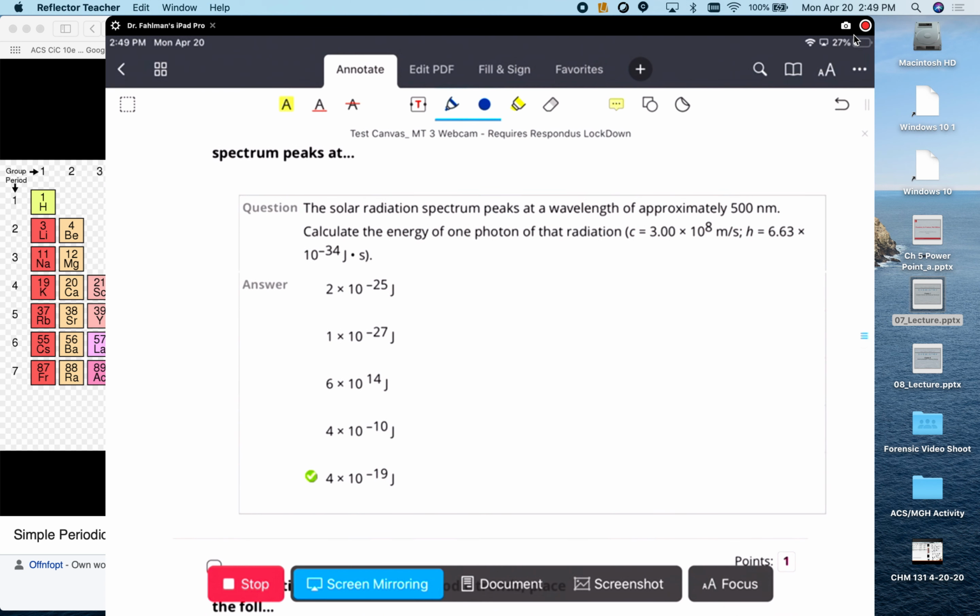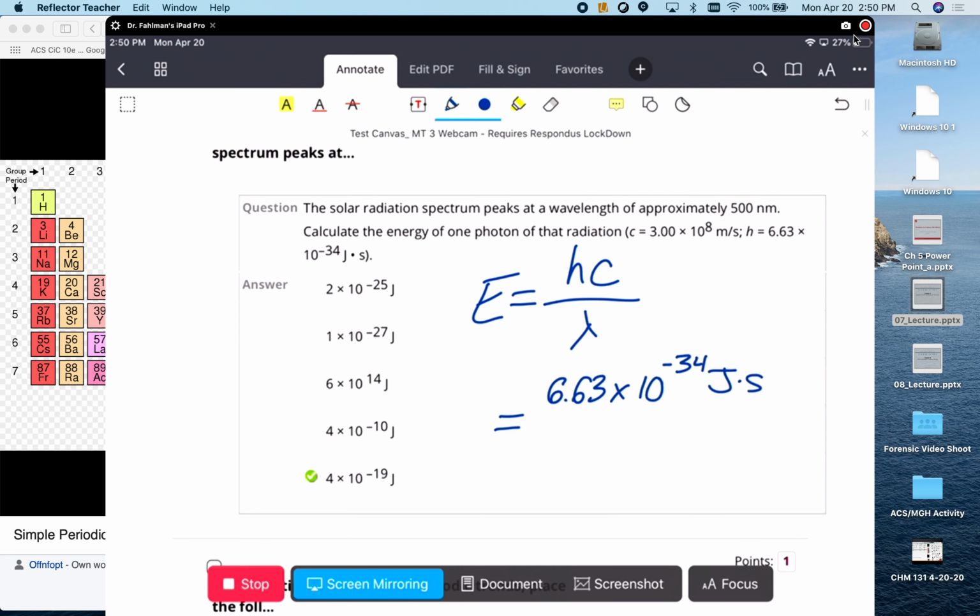Solar radiation. This one, energy of a photon. E is equal to hc over lambda, with wavelength. You plug that in: 6.63 times 10 to the minus 34 joule seconds times the speed of light, 3 times 10 to the 8th meters per second, divided by the wavelength, 500 nanometers.